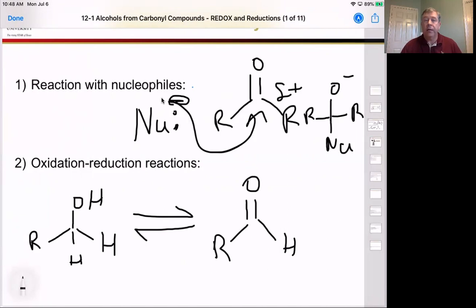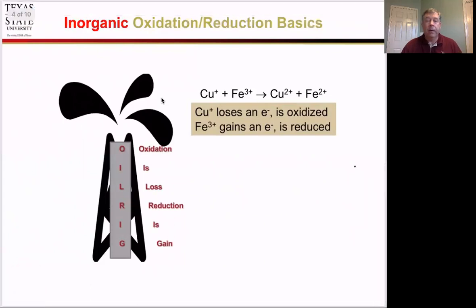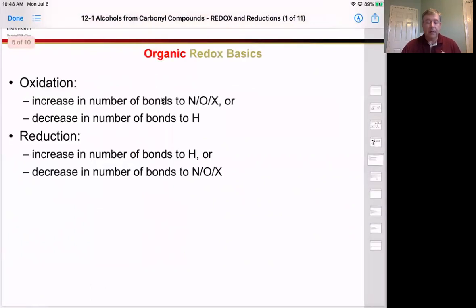Now let's review redox reactions, or oxidation-reduction reactions. In our inorganic oxidation-reduction reactions, we typically think about the loss or gain of electrons. For example, oxidation is always the loss of electrons from a metal center, and reduction is always the gain of electrons. However, we have slightly different rules in organic chemistry.